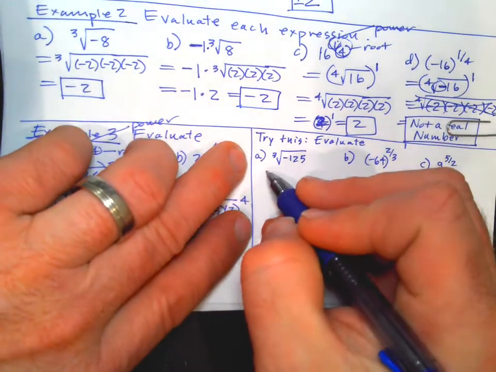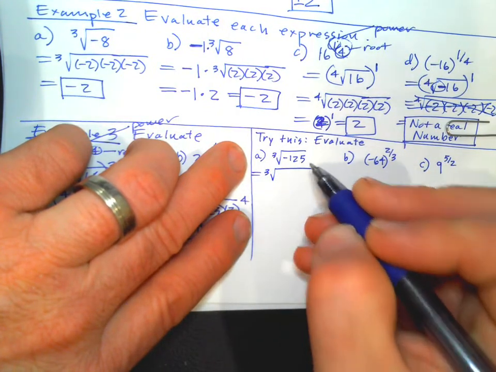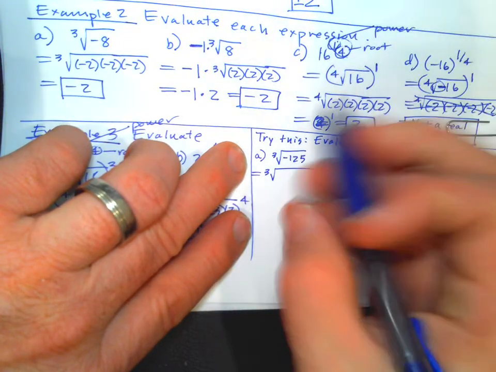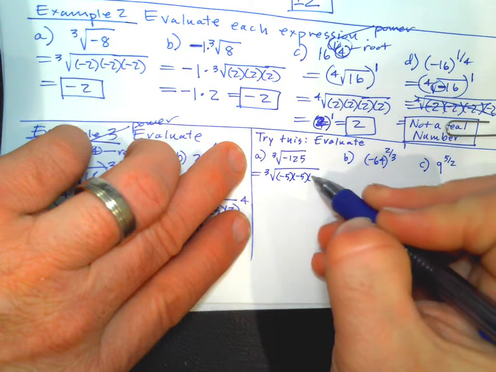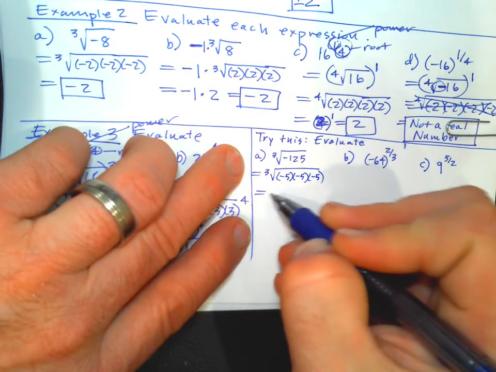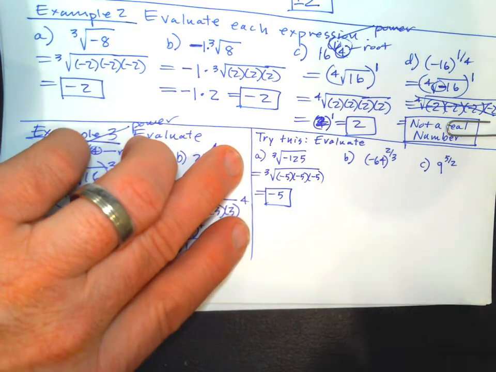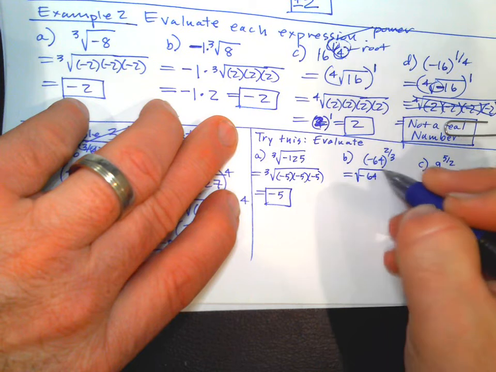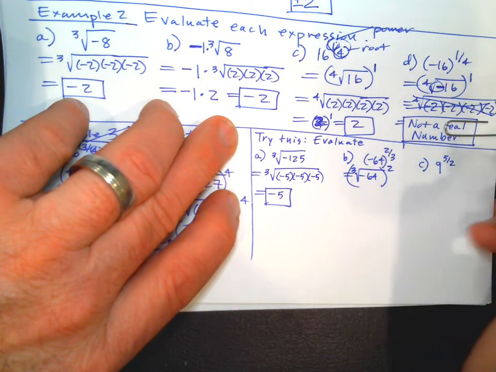Okay, so we're trying to figure out, what do you multiply times itself 3 times to give you negative 125? If you look up there, that was 5, but it's got to be negative, so it's going to be negative 5, negative 5, negative 5. And so the answer is going to be negative 5. All right? This one we're going to rewrite: negative 64 to the 3rd root raised to the 2nd power.